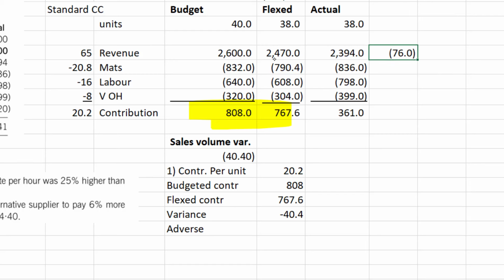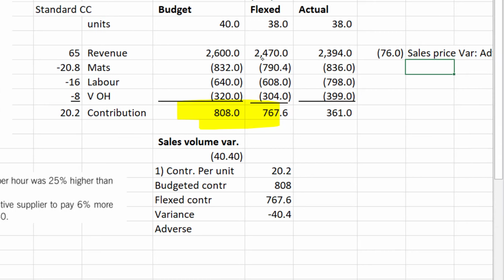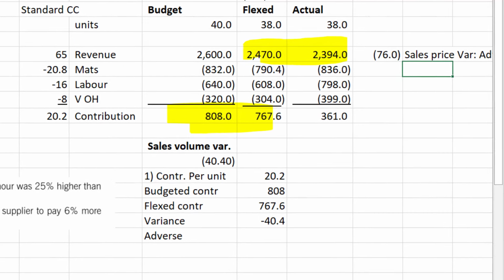So we know that the sales price variance is adverse. That tells us that we earned less revenue from a lower selling price. So the sales manager in this company has some explaining to do. They sold fewer units at a lower price.